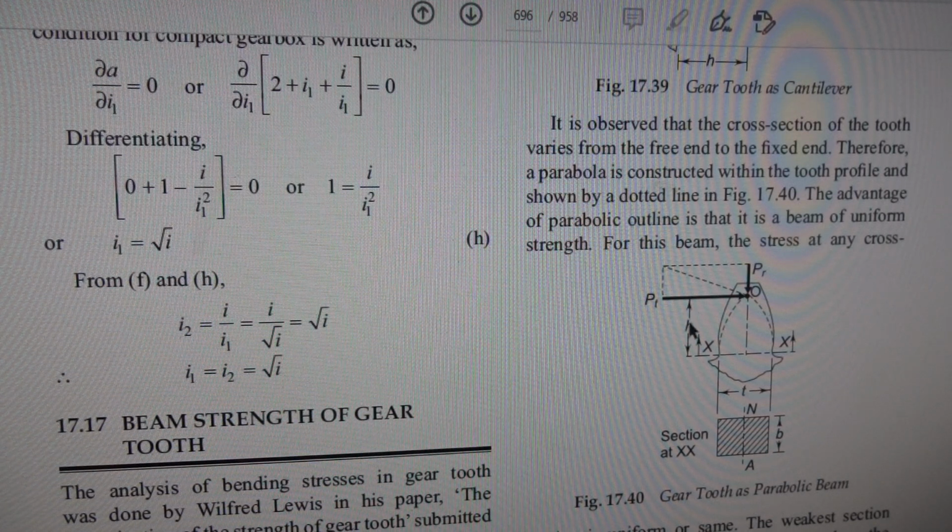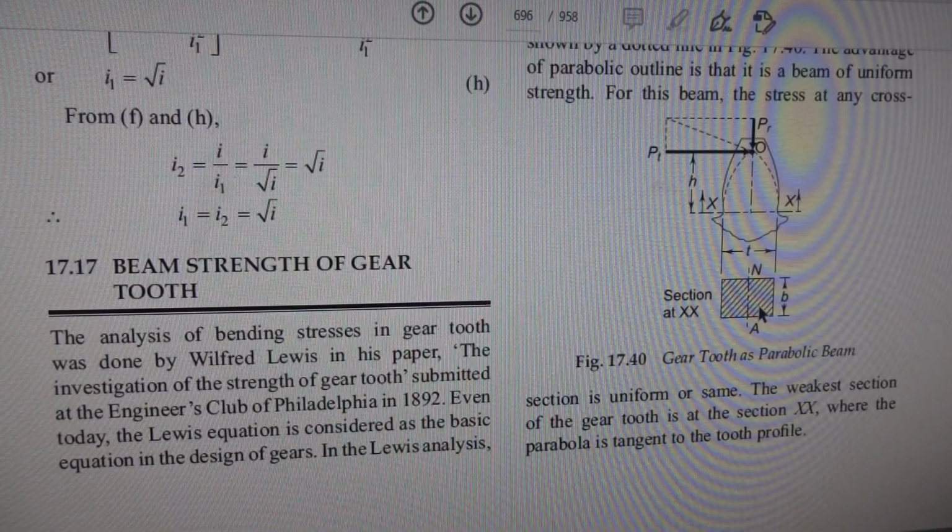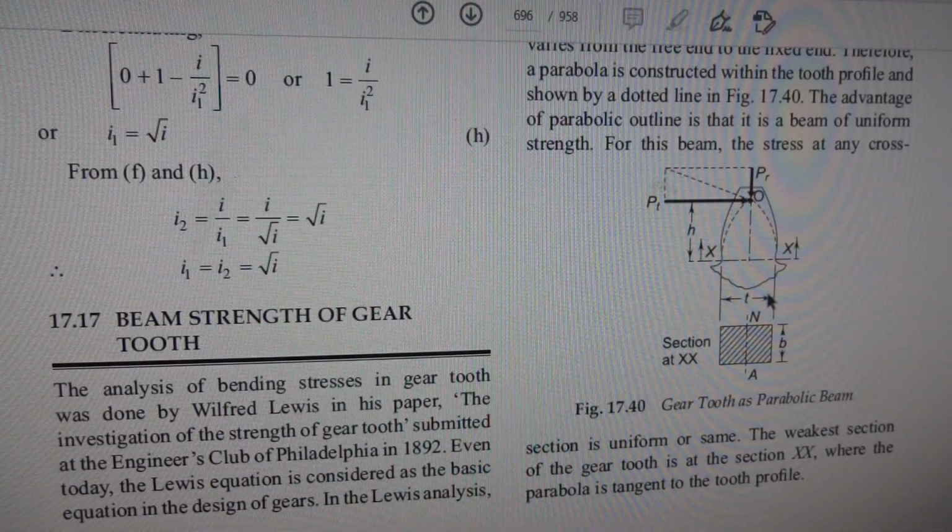PT multiplied by H, and it behaves like a cantilever beam. This thickness is t. This is the cross section. This is b along the face width. This is the neutral axis, NA.